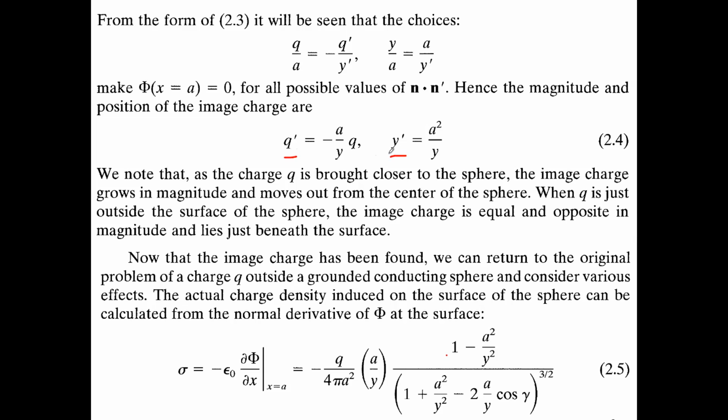Once you have the imaginary charge and the original charge, you can calculate E and phi, the electric field and the potential, anywhere outside the conductor. Inside the conductor, of course, the answer will be wrong, similar to the previous example.